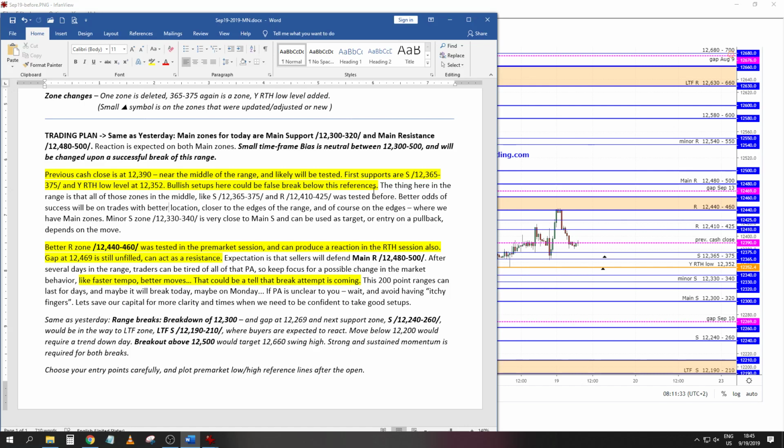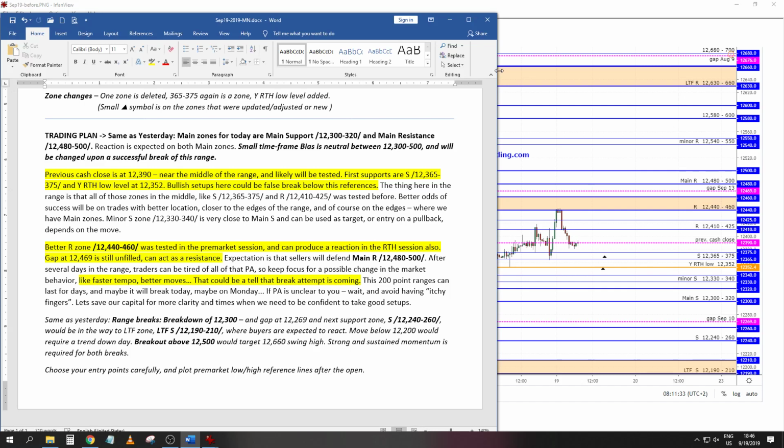Now today wasn't so hard, and some of the setups could be prepared like this one and also the next one, because this better resistance zone, this here, is a zone around a level from larger time frames.